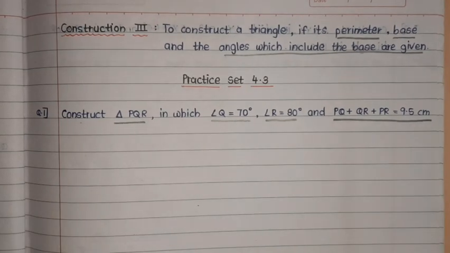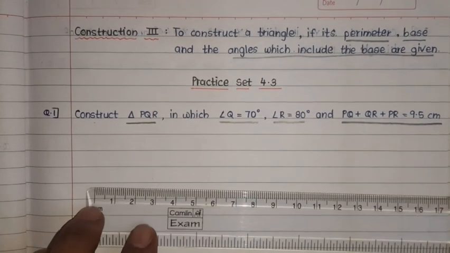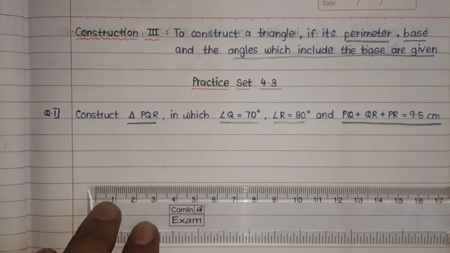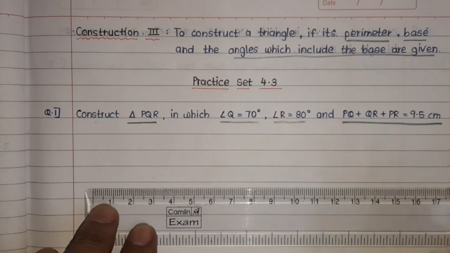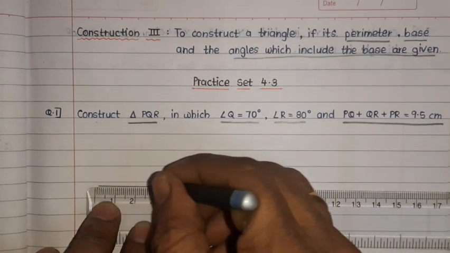Now, first of all, we have to draw the analytical figure. In this analytical figure, what we have to draw? A triangle PQR. See here, one triangle is there.